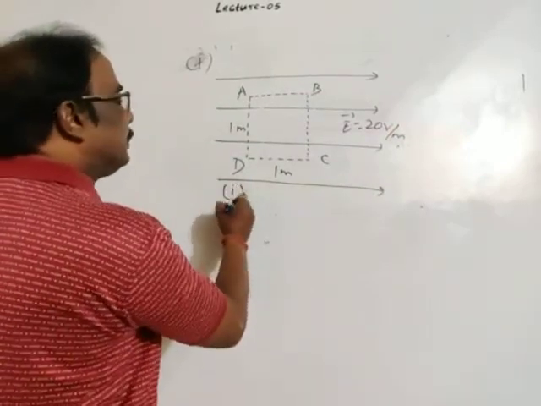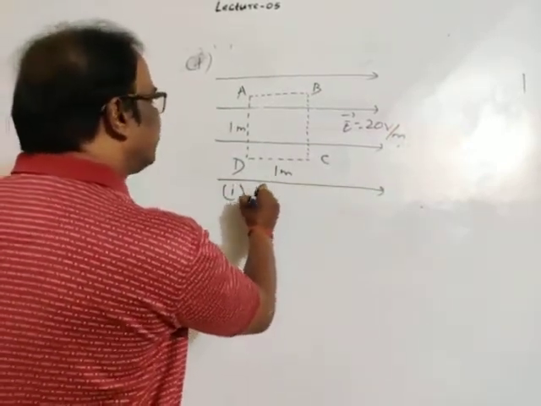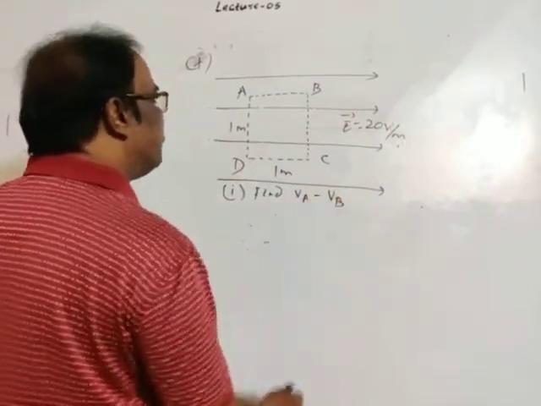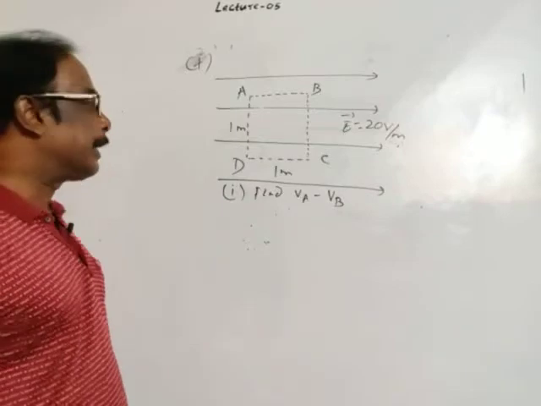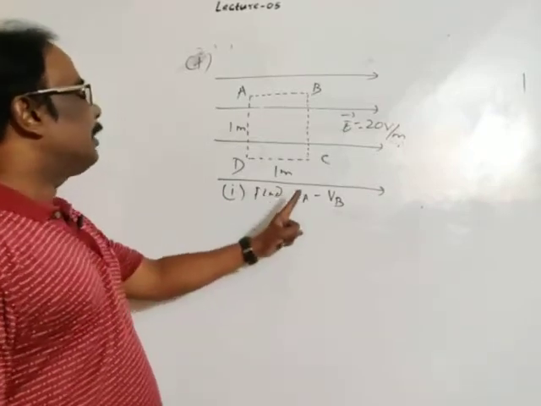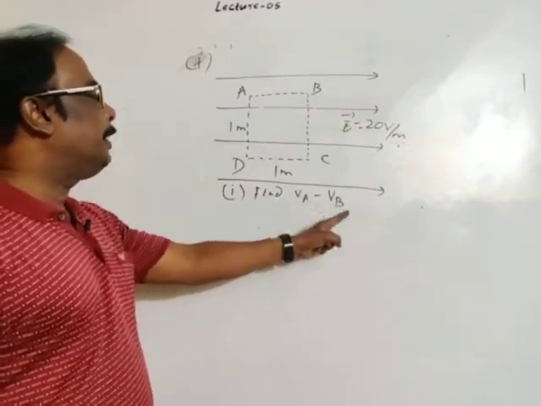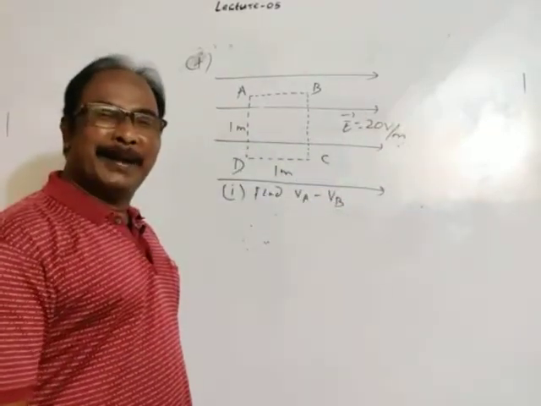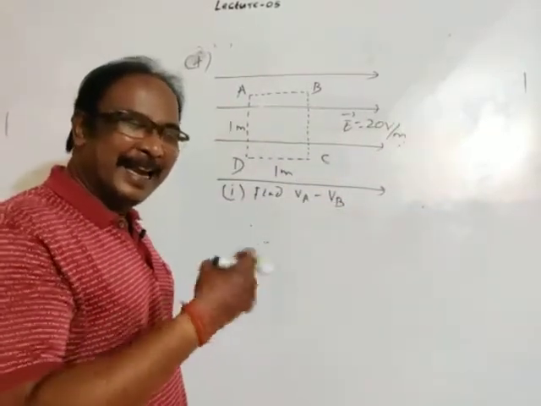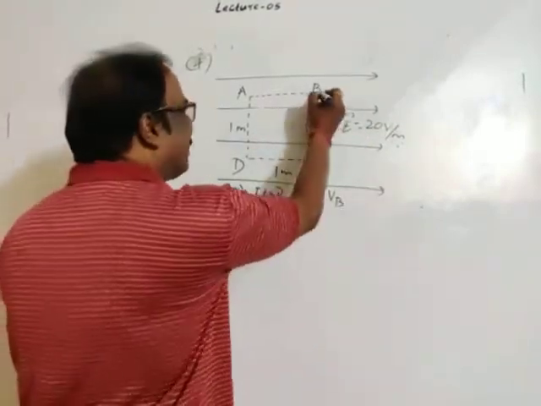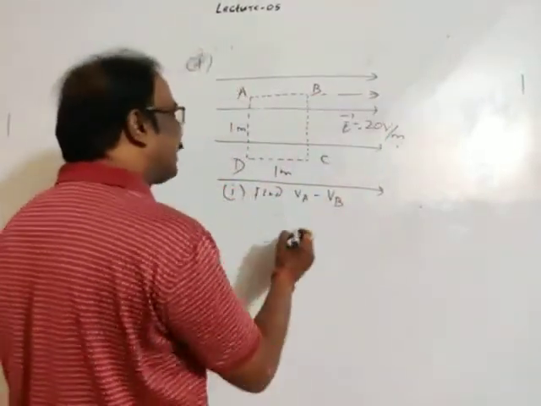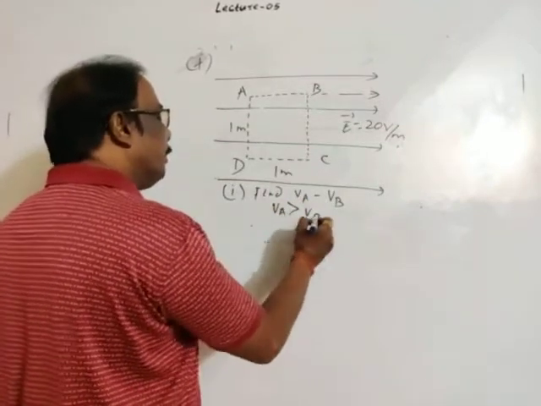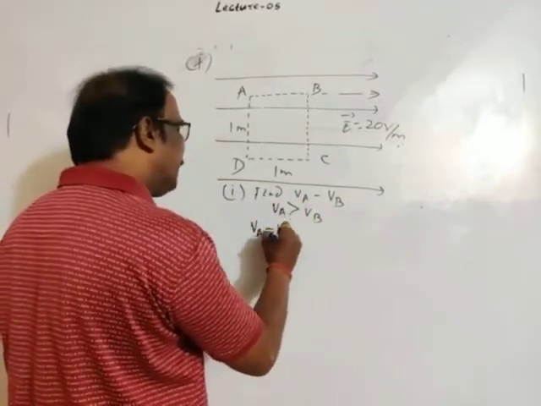First bit: it is asked to find VA minus VB. Let's find it, then we'll move to the second step. We'll find the potential difference between A and B. Potential decreases along the direction of the electric field. This is the direction of the electric field, so VA is greater than VB.